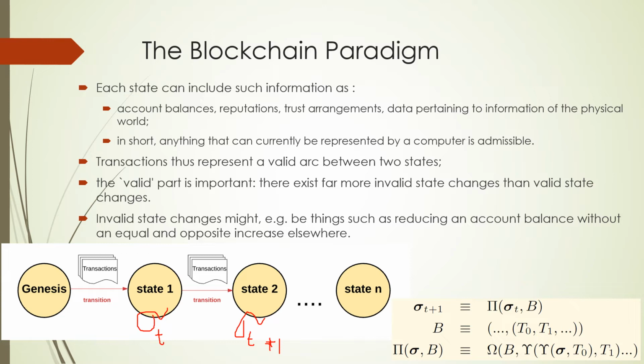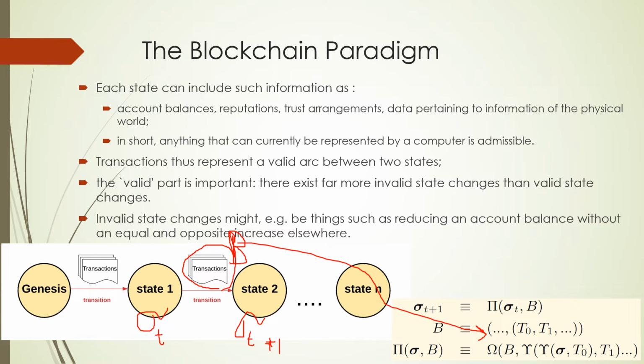And in order to do this transition, we use a sequence of transactions collected in a block called B, right? So this is block B, which is defined this way. It's basically a sequence of transactions like T0, T1, T2, all the way to, let's say, Tn minus 1, right? So how do we do this transition?